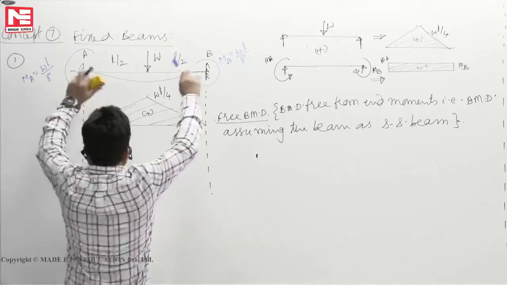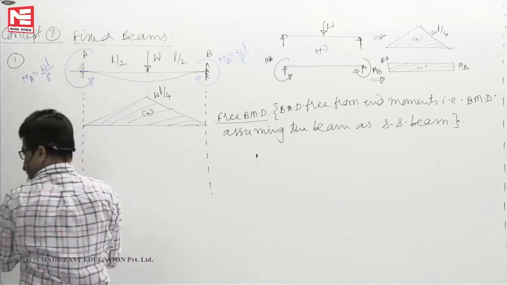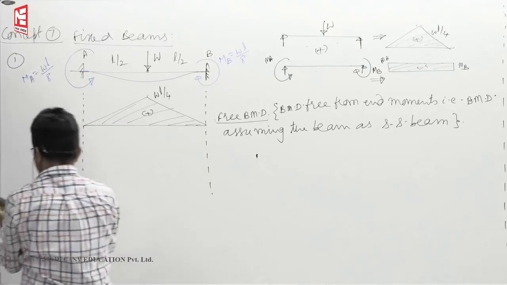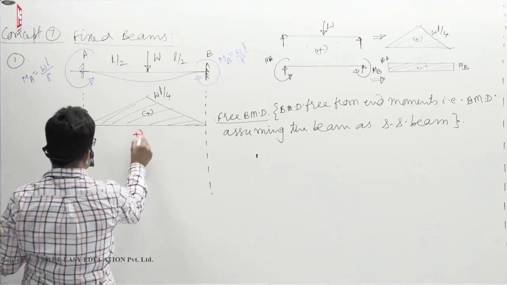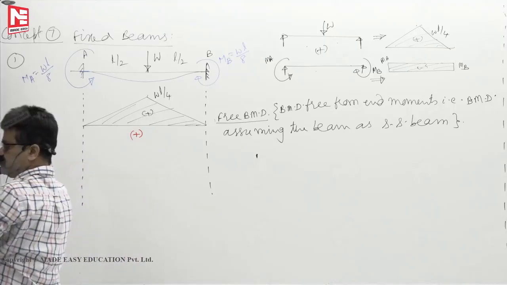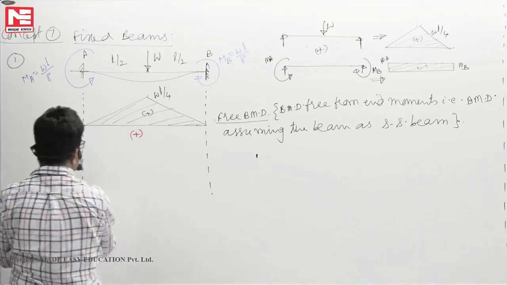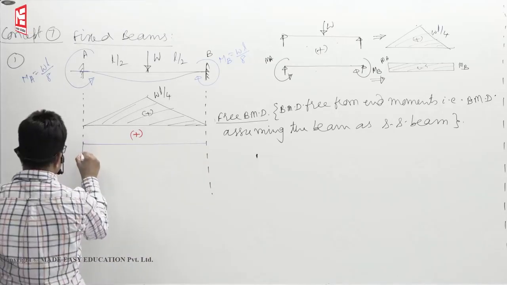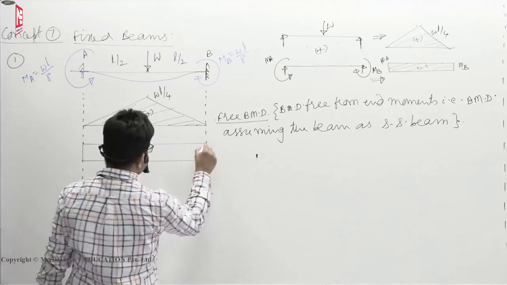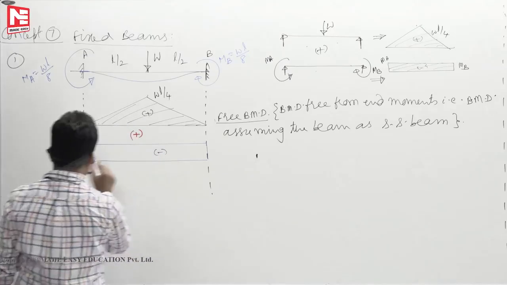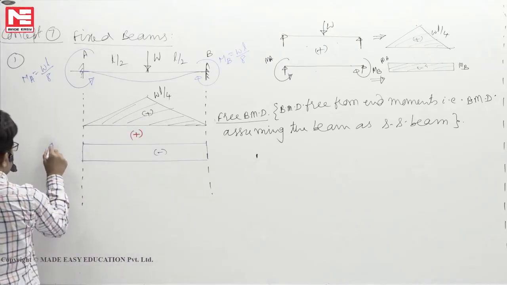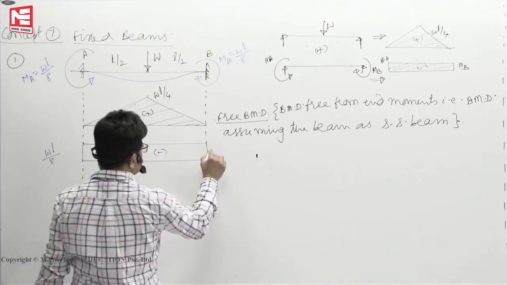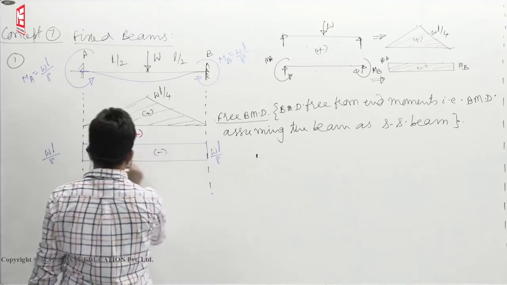Okay, now only two end moments you take, plus, if you take the end moments diagram, minus this value, we are taking that WL by 8, WL by 8.